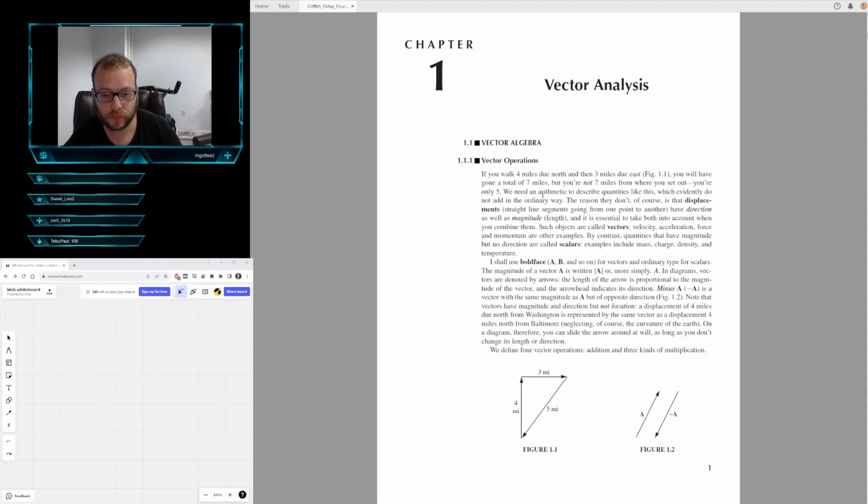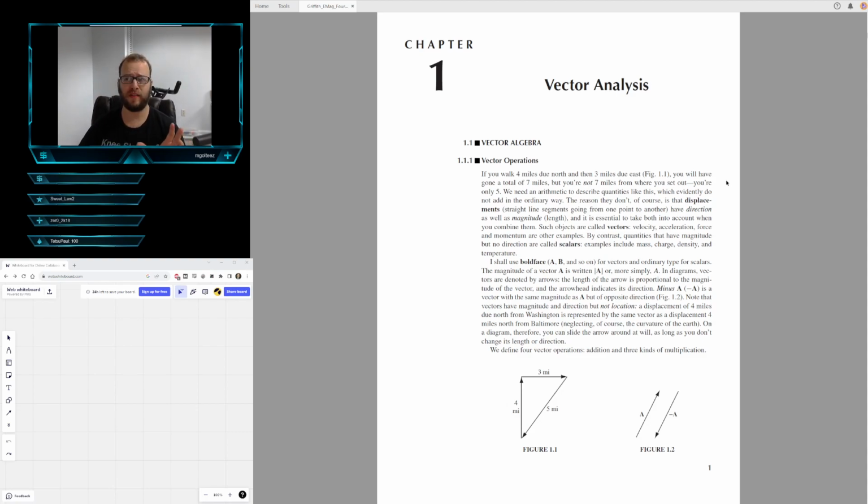So, we will then go into 4 different vector operations. There's one way to add vectors, and there are 3 ways to multiply vectors.